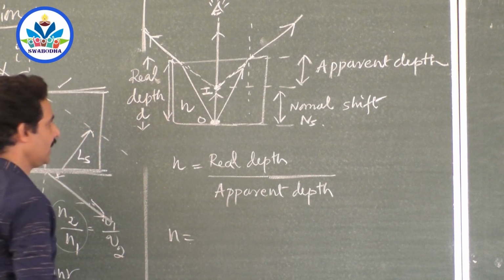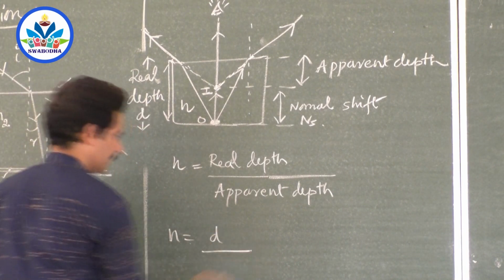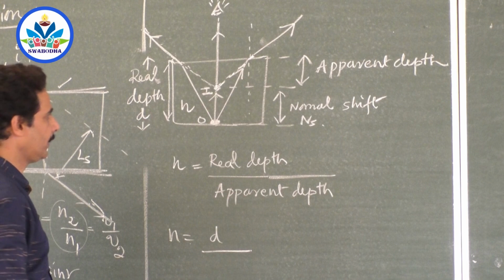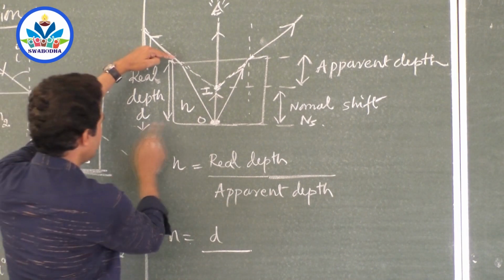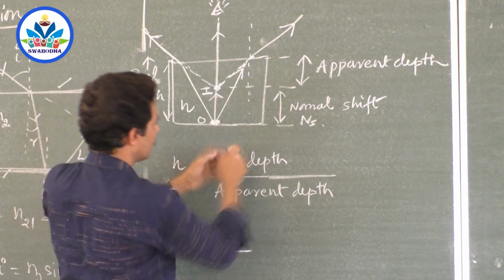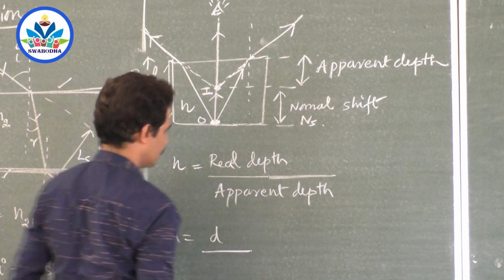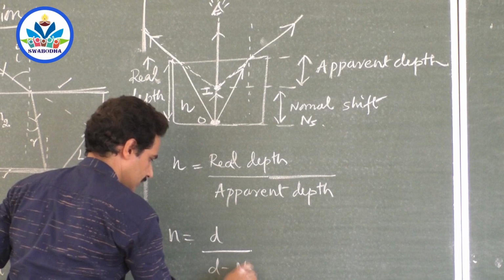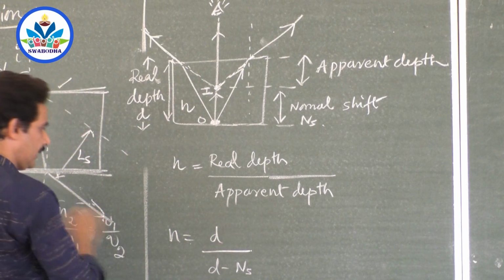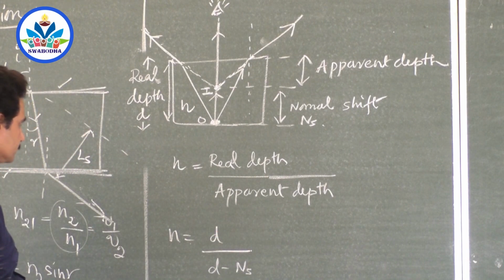Refractive index n equals real depth D divided by apparent depth. Apparent depth can be written as real depth D minus normal shift. From this total depth, if I subtract this one, I get this one. So n equals D divided by D minus ns. That is refractive index.